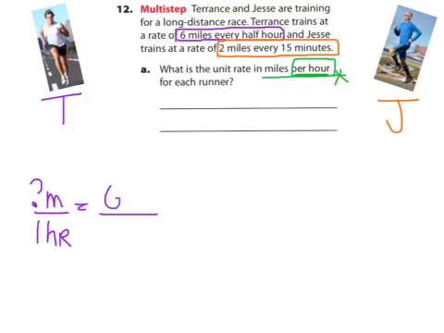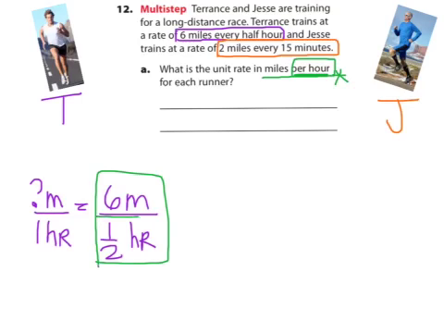So I'm going to put 6 miles on top because that's what was already on top. I'm going to put half an hour on bottom because, again, that's what was on the bottom of the first one. Now I am going to take this part of the question that I created. It's really a dividing problem. I'm going to divide it out and see what I get.